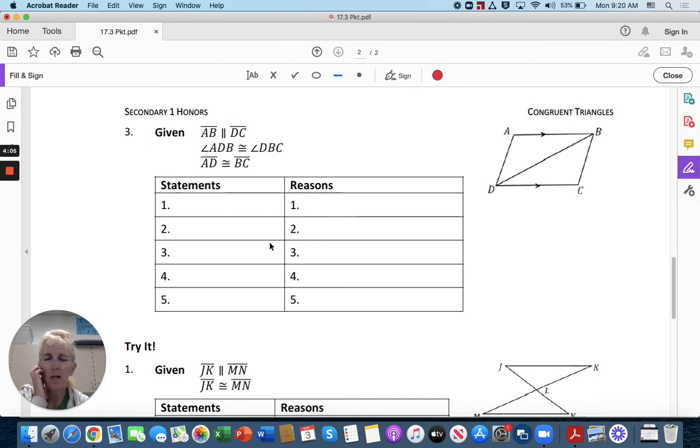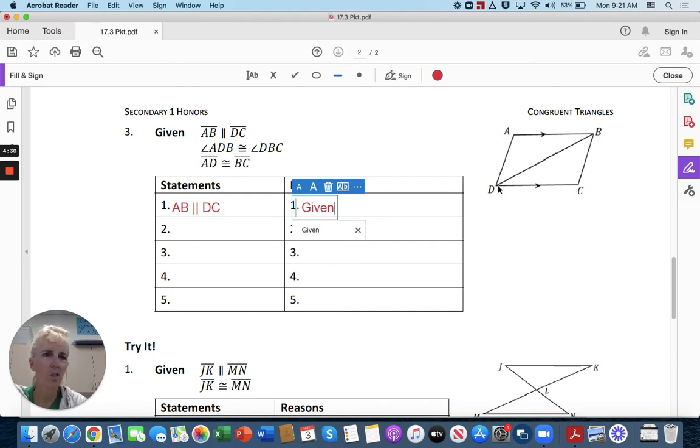The first thing we want to do is write down everything that's given. So we can say AB is parallel. Let's see if I can do that. Oh, I did it. And make sure you put line segment parts on here. And what's that reason? Again, 99% of all proofs start with something that's given.